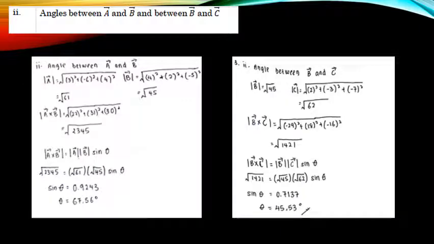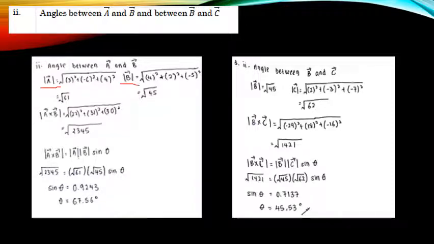For question 3.2, we are asked to find the angle between A and B and between B and C. My first step is to find the magnitude of vector A and the magnitude of vector B. The magnitude of vector A is square root 61, and the magnitude of vector B is square root 45.